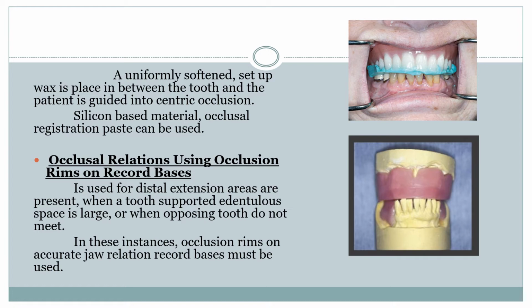So there should be no wax in the areas where the teeth have come in contact. If your wax does not show holes, meaning there's no through and through connection, and the wax is intact, that means the wax has already set and hardened when the patient is biting, so there is no contact. This might lead to an increase in the vertical dimension. So that is one thing you have to be very careful about.